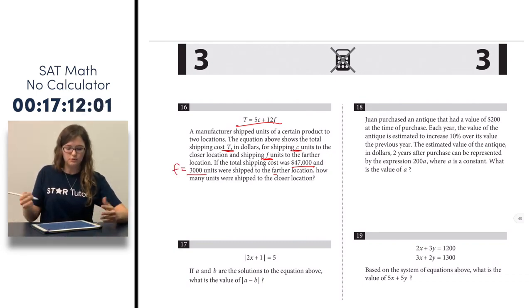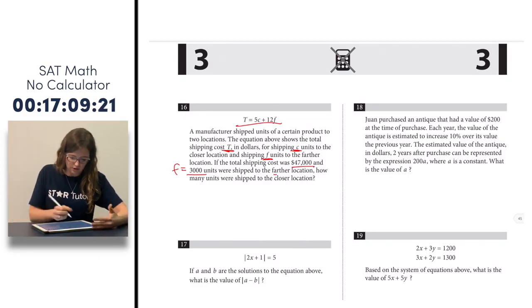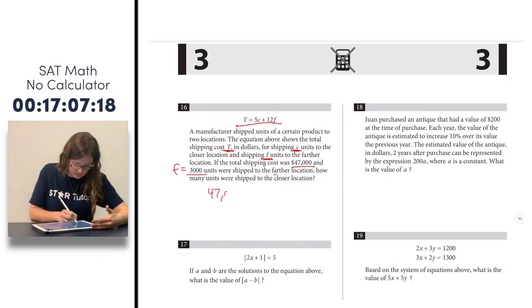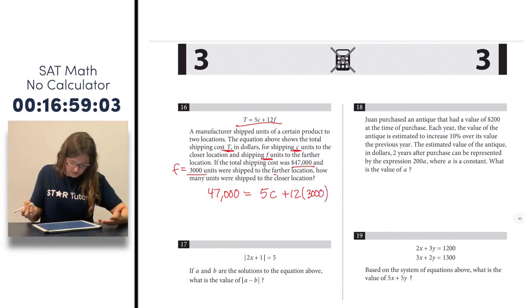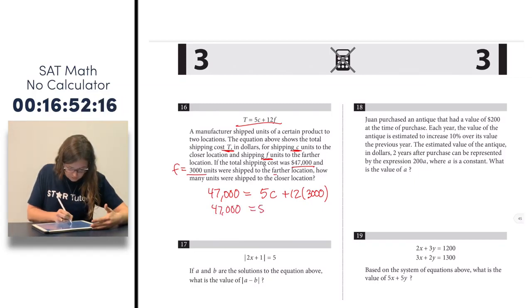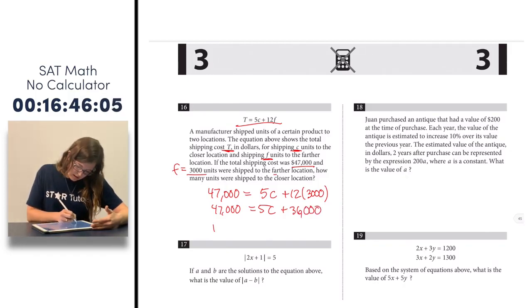All right, they're giving us 2 of the variables. We just got to solve for the third. So we have 47,000 equals 5 times the closer one, this one I'm trying to find, plus 12 times 3,000. Okay, this problem's annoying just because it involves multiplication. Let's see, we've got 47,000 equals 5 times C plus 36,000. I subtract the 36,000. I get 11,000 equals 5C.